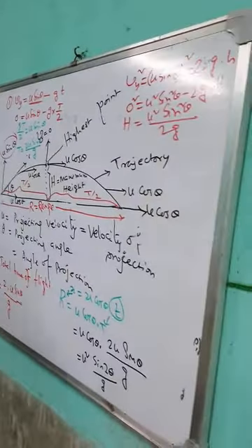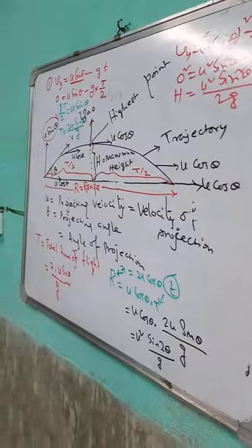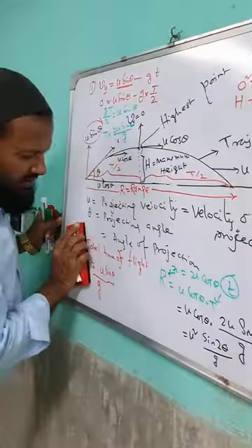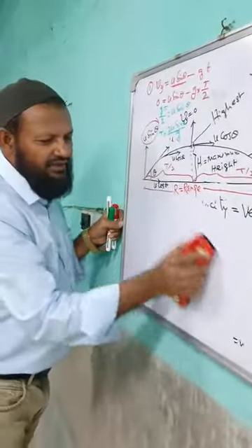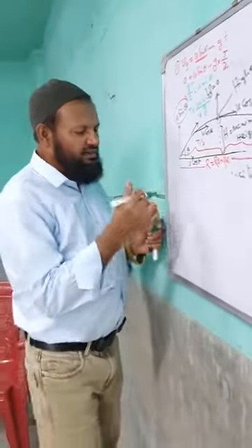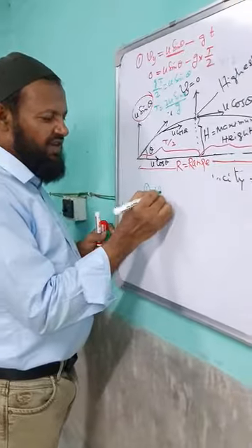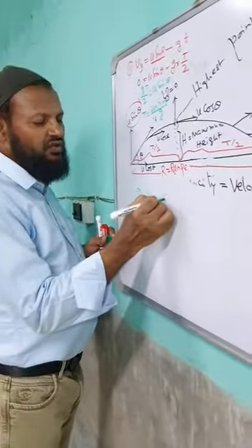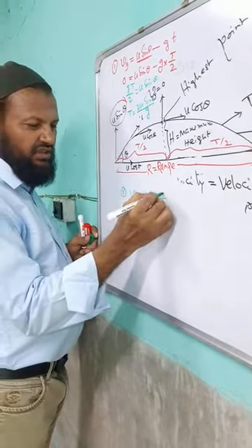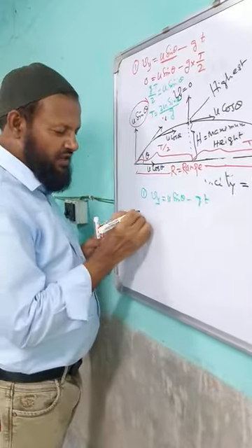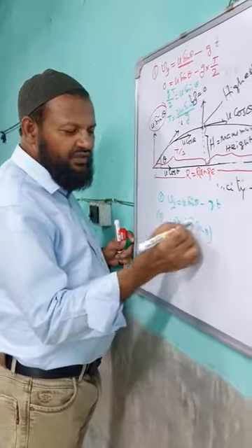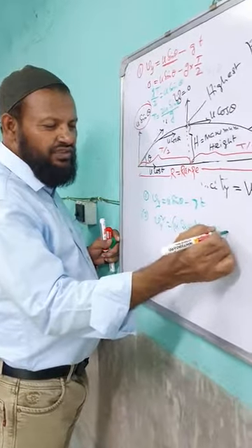Okay. Now, here is one important question. Please see here. What is the general equation? General equation number 1: vy equal to u sin theta minus gt. Super formula. Second formula: vy square equal to u sin theta square minus 2gh.